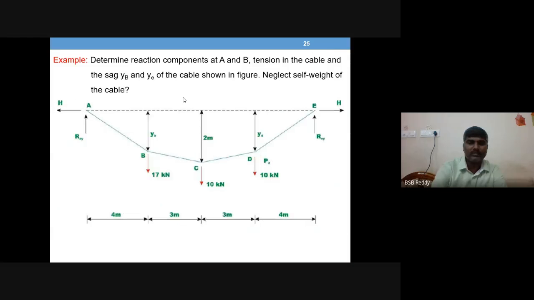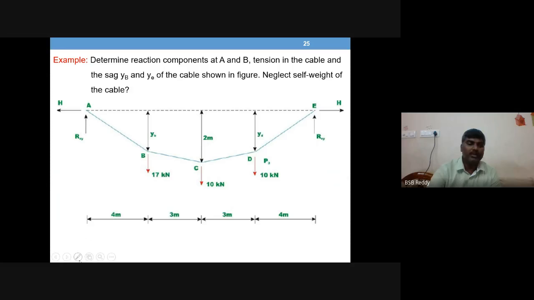So support reactions, and also the cable tension values. So that is what was discussed. And now let us see one example of how you really solve the problem with the planning that we have done in the last session. Okay, so let us see the problem.